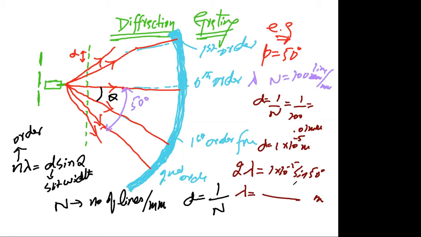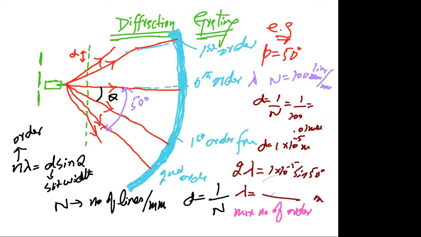Okay, and let's say the question has two parts. The first part is find the wavelength of light, and the second part is find the maximum order, that is, how many orders I will get. How much maximum order means the value of n. Maximum number of orders, you can say. Then you can put sine 90. Sine 90 times 1 times 10 to the power of minus 5, then divided by the lambda that we got in the previous part.